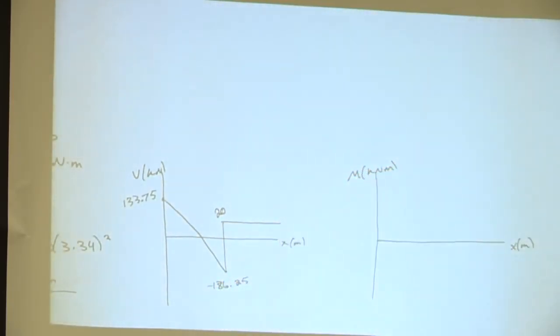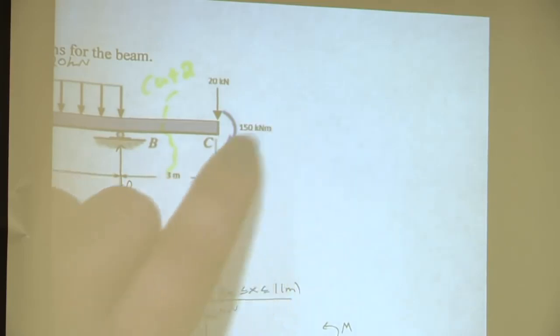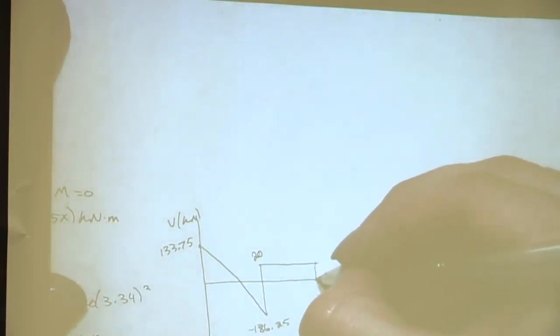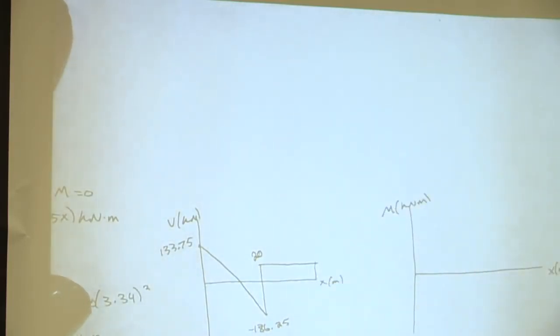And then what was shear at 11 meters? Okay, awesome. So we have this 20 right here. So what happens to our shear diagram? It goes back down 20. And then where are we back at?